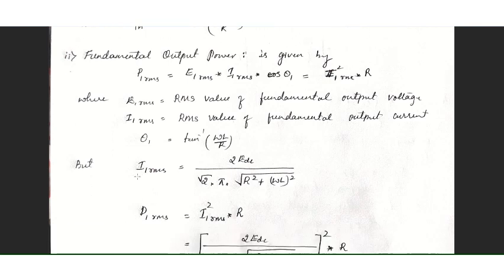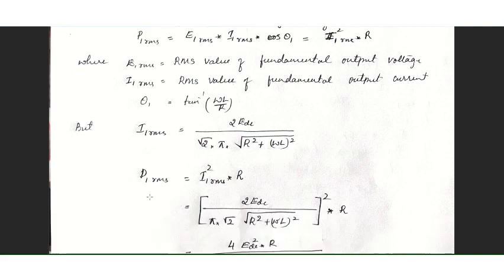We are already familiar with I1 RMS from the previous discussion. It is given by 2 EDC by root 2 into pi into Z, that is the square root of R square plus omega L square.